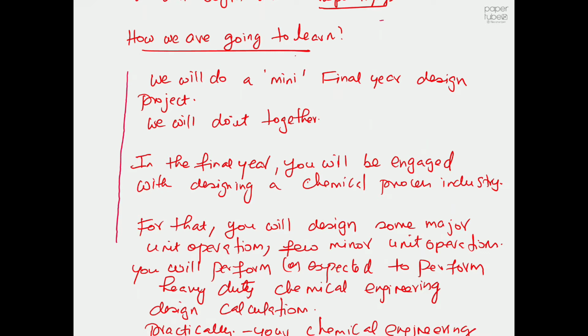It may look a bit tough at the beginning, especially the moment we are going to use the Aspen Plus software. You may think it may be difficult, but once you start to practice, then it will become easy. So what I recommend is listen to these first two lectures carefully, line by line, word by word.